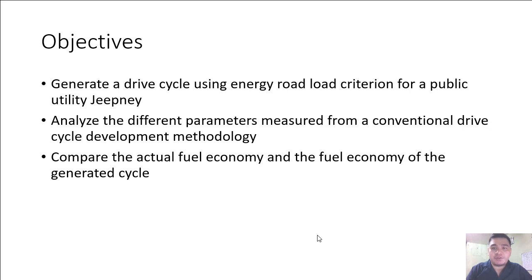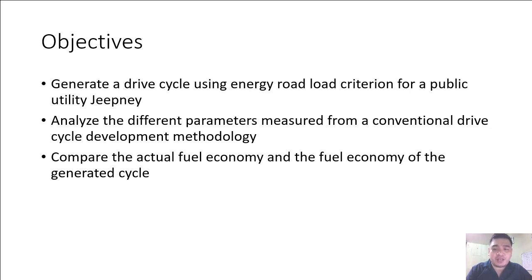So the objective of the research is to generate a drive cycle using the energy road load criterion for a public utility jeepney with an average of the varying load, with consideration of the average occupancy. Analyze the different parameters measured from the conventional drive cycle development methodology, such as average velocity, percent idle, average acceleration, and average deceleration, with the same parameters obtained from the conservation of road load energy criterion for a public utility jeepney.